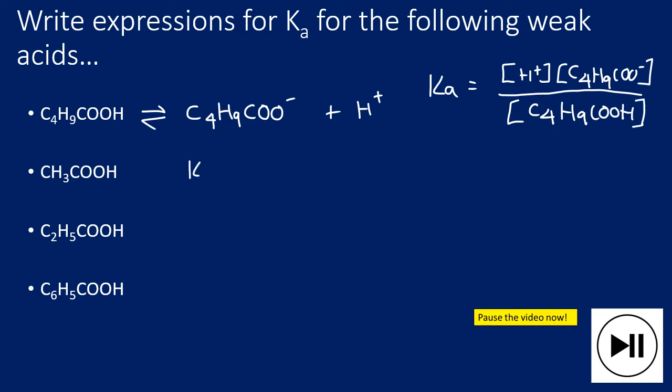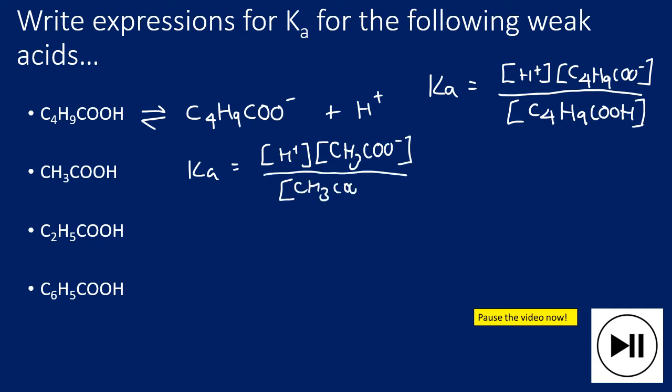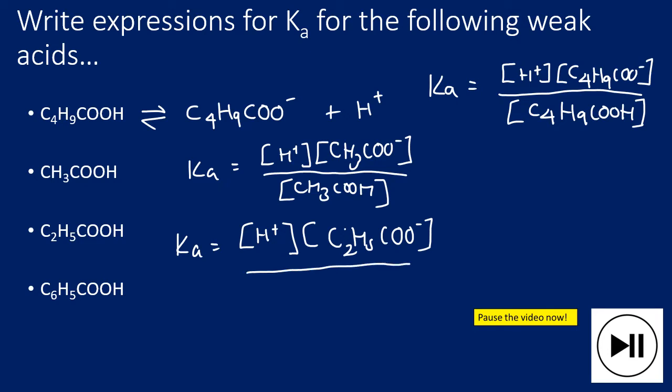And for the second one, it's H+ concentration multiplied by CH3COO- concentration all over the concentration of CH3COOH. And then the third one, Ka, is equal to H+ concentration multiplied by C2H5COO- concentration all over the concentration of C2H5COOH.